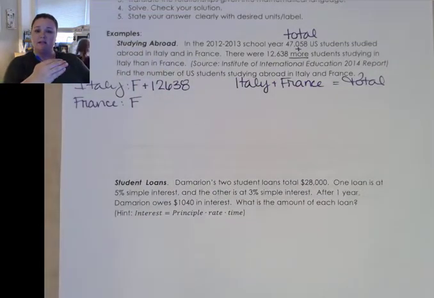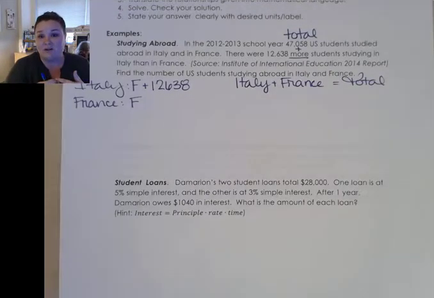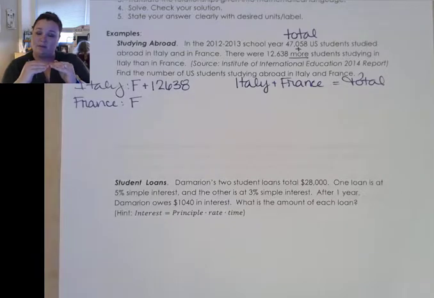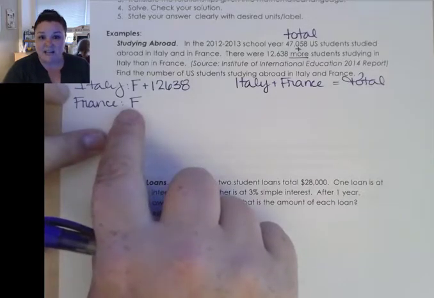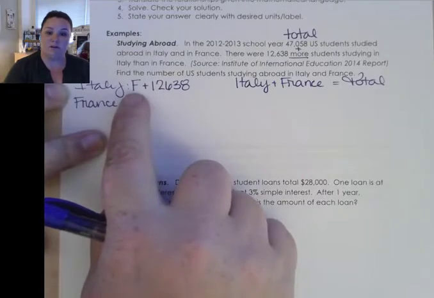So we can write Italy's in terms of France's because it was that much more than France. Like if I had $2 and you have $5 more than me, you would have $7, right? Because I have 2, that's your base point, and then you add the 5 more that you have to figure out how many you have. Same idea here. France has F students. Italy has 12,638 more than France.